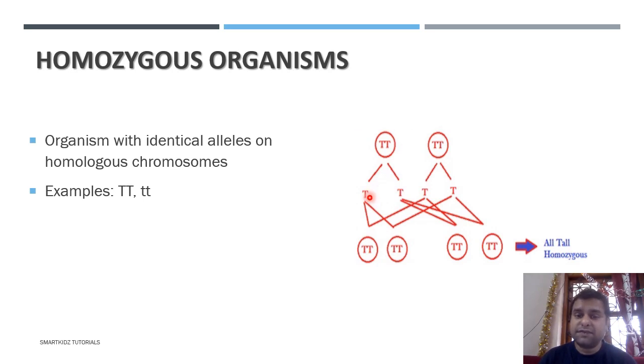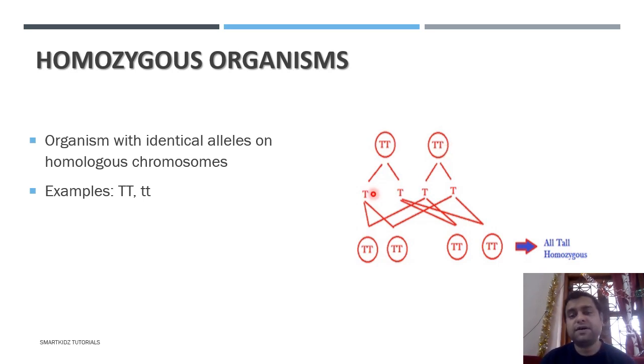So this 50% can combine with either of the 50%. Now in this case, it is both capital T as well, which means there is no scope of much variation, as a result of which all will be the capital T combination. So one capital T coming from this plant and another capital T coming from this plant.